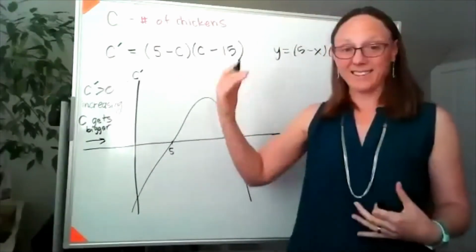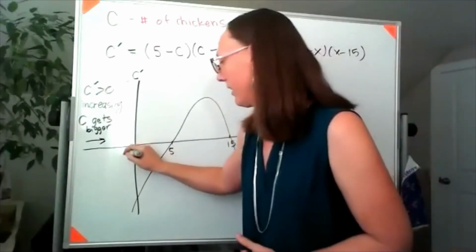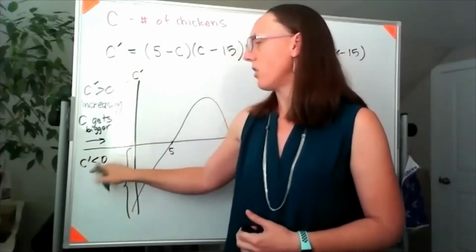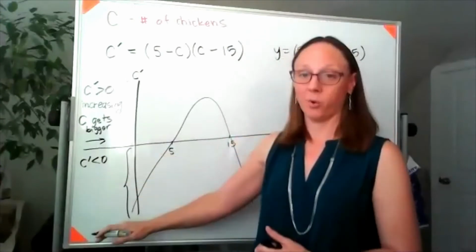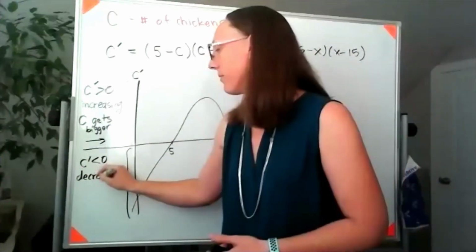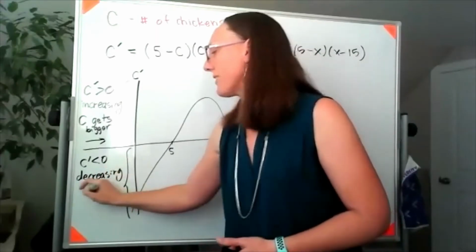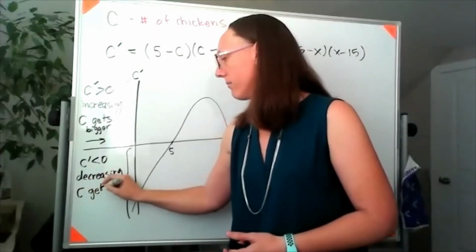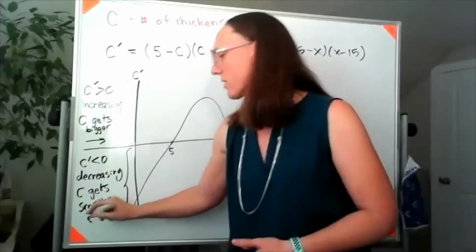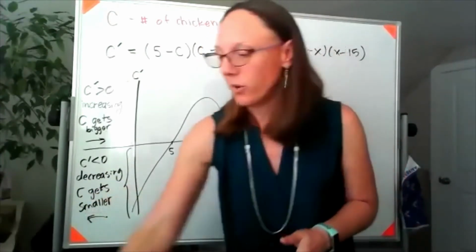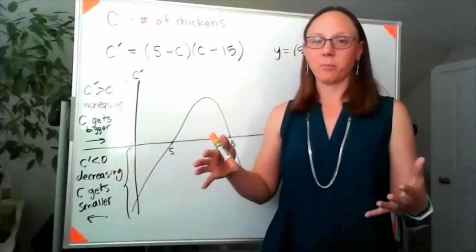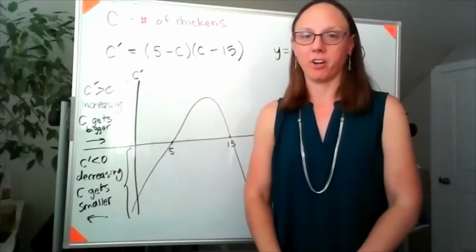Now, if I go through that same set of logic down here, everywhere down here, my C prime values are negative because I'm below this axis, which means that we're decreasing, which means C gets smaller, which means we move towards the left. Okay, so now that we know how the rules are going to work, somebody tell me, how many chickens are we starting off in our population with?